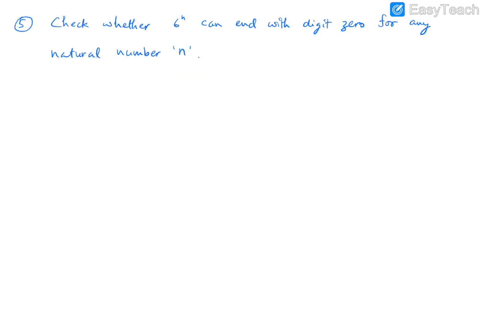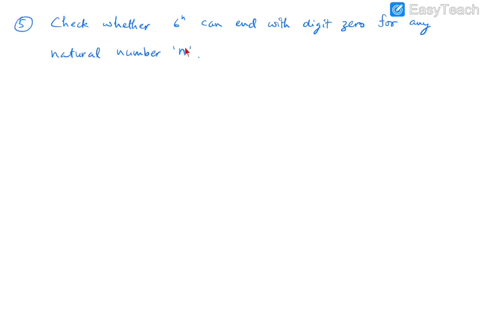Okay, let's move on to the next question, and here again it's something similar to what we did in the previous class. We checked in the previous class whether 4 power n ends with the digit 0. Now we are given 6 power n. So how do we go ahead and see whether 6 power n will have an answer ending in 0 for some value of n?